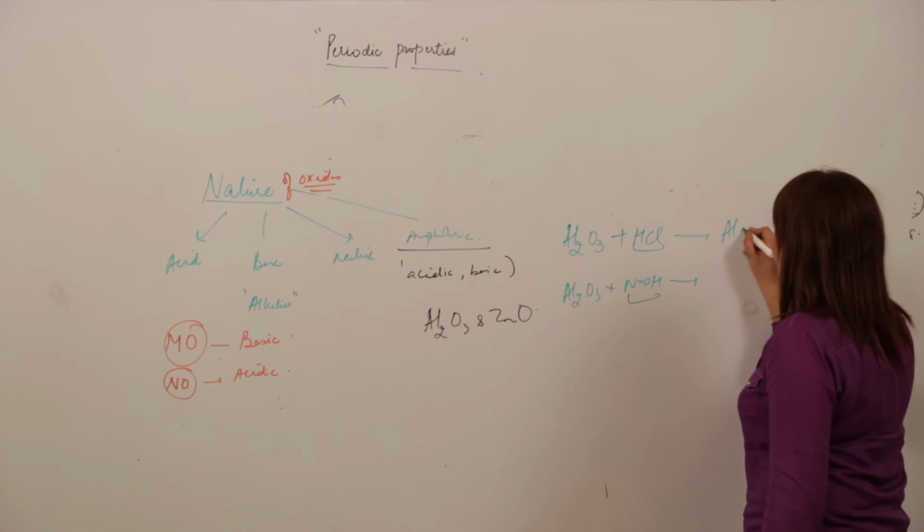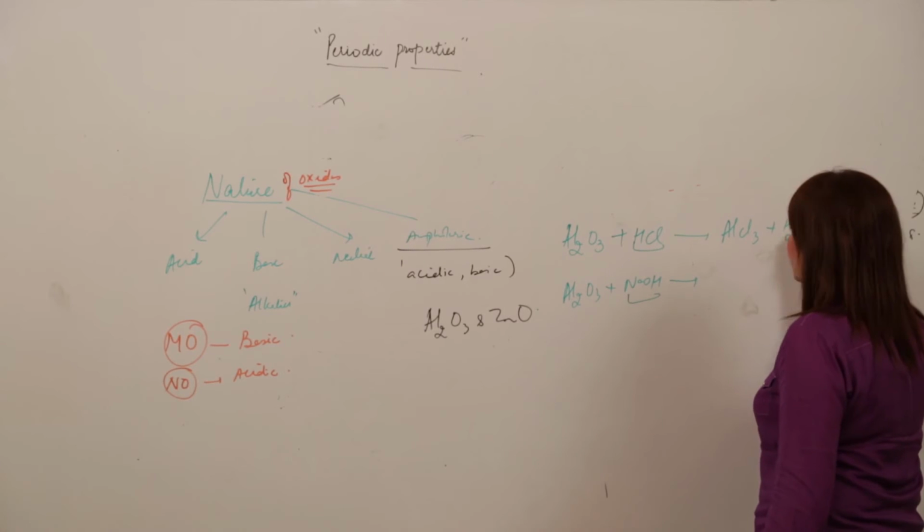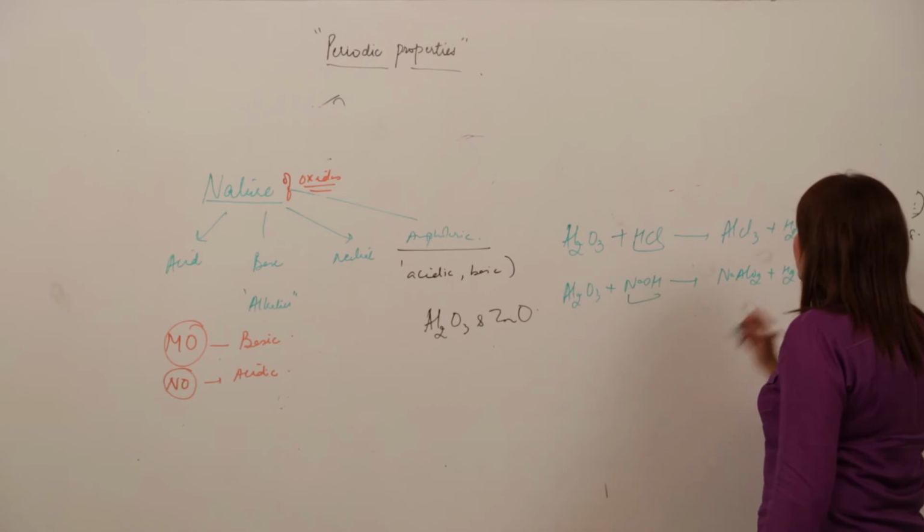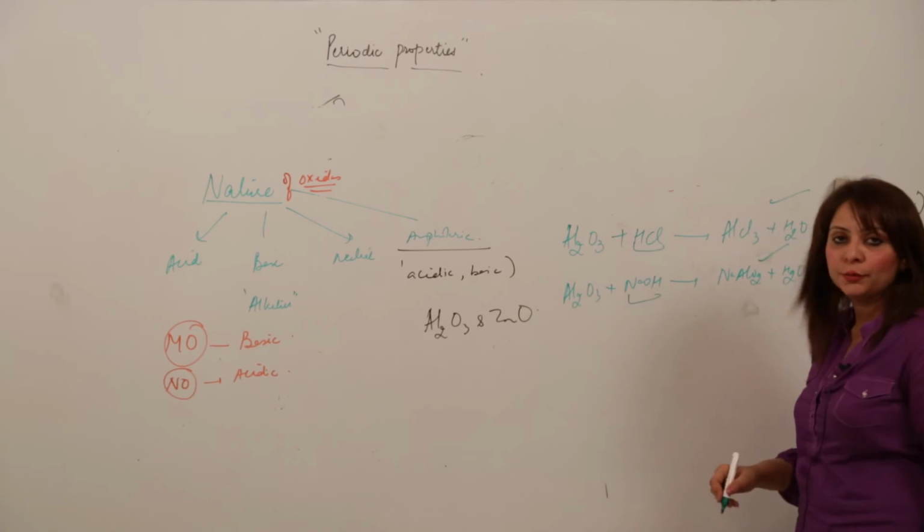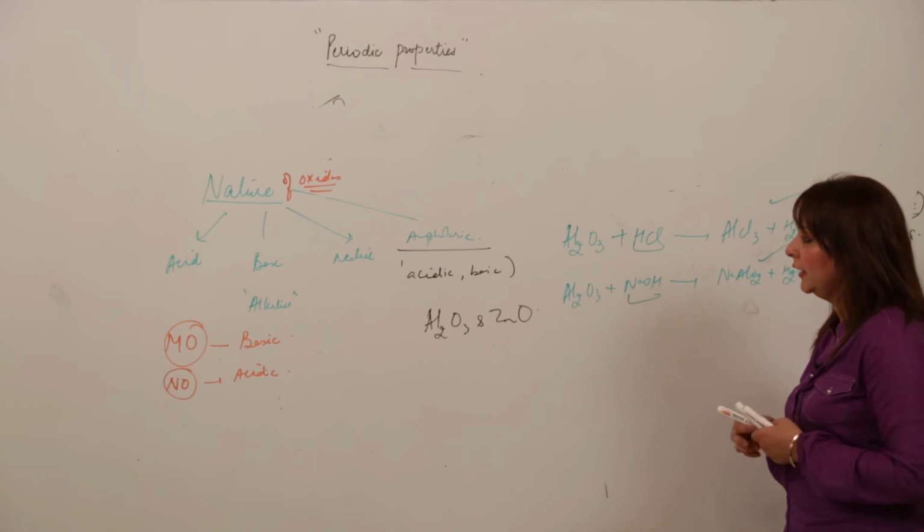It forms AlCl3 with H2O, and here it forms sodium aluminate plus H2O. So the reaction can occur with both of them, which shows it is amphoteric in nature.